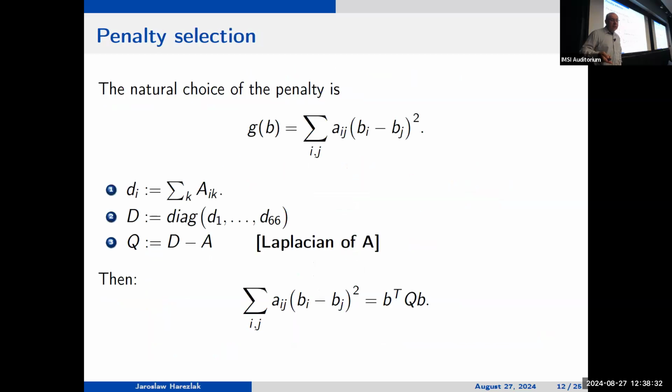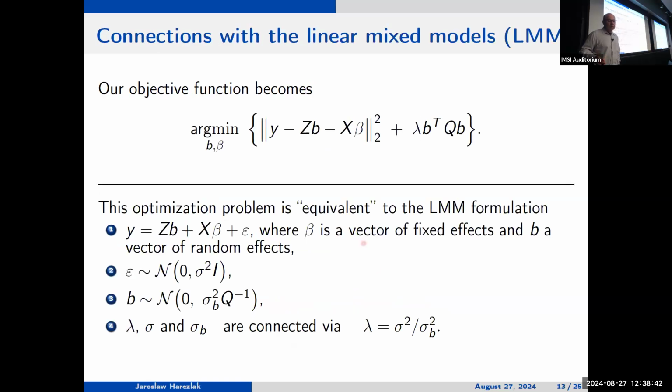So basically what we want to do is use this external information, for example, through the Laplacian of the connectivity matrix, to inform the estimation of the coefficients or the associations that we're interested in. Now, the nice thing here is for L2 type penalties, we can make this equivalence with mixed models.